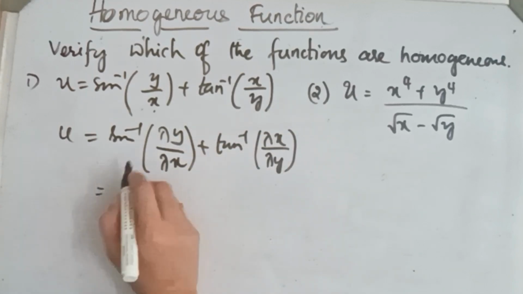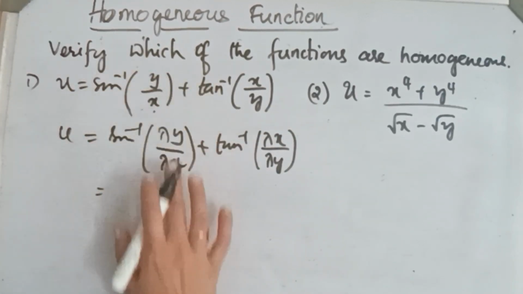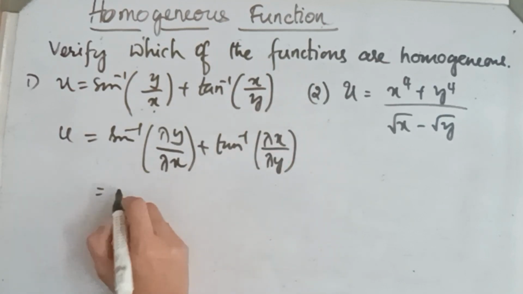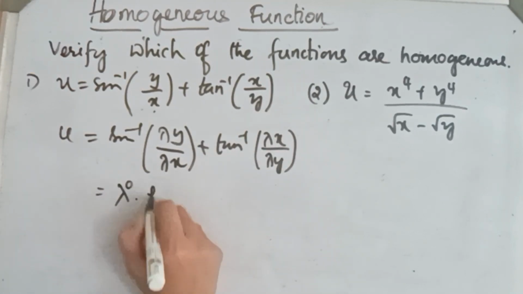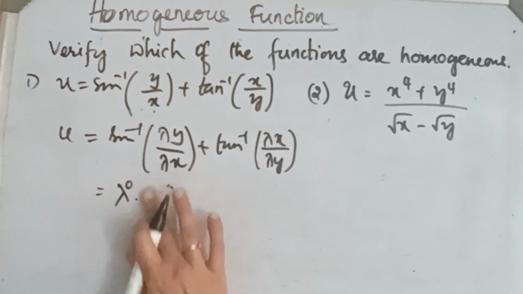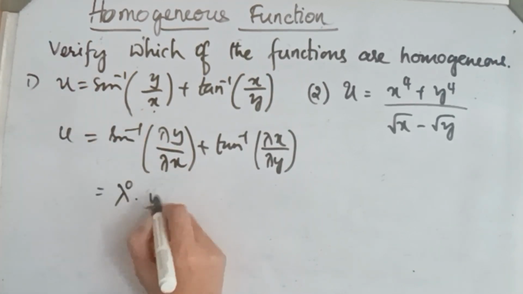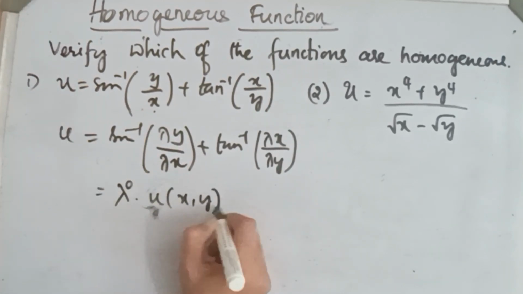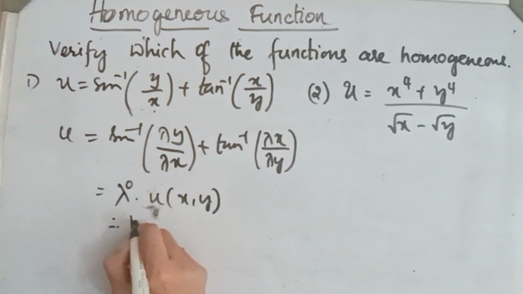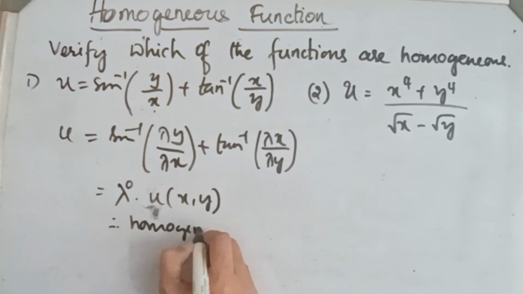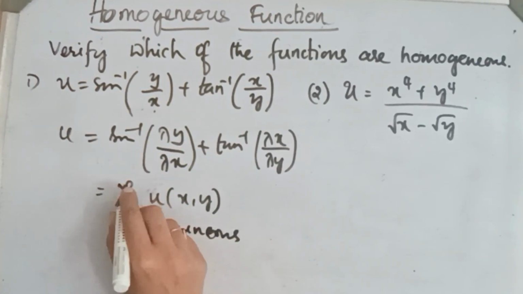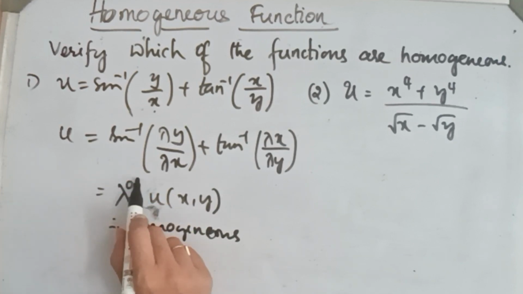You will get the same function back, sine inverse y by x plus tan inverse x by y. That is lambda power 0 into f of x comma y. Here in this case it is u, so u of x comma y. Therefore, this function is homogeneous function and it is of degree 0 because you got lambda power 0 into u of x comma y.